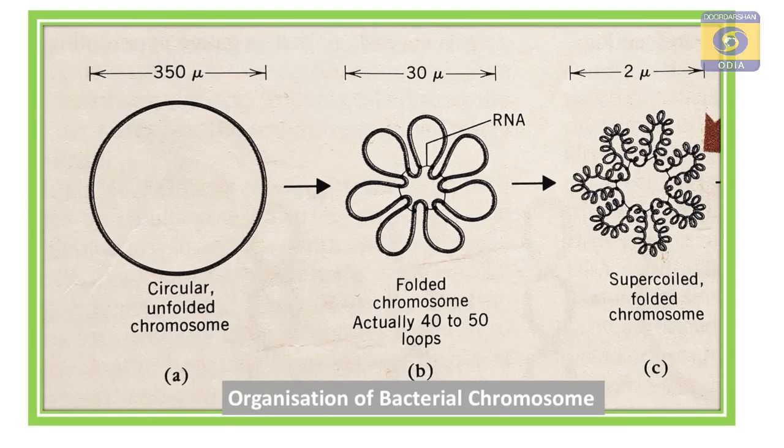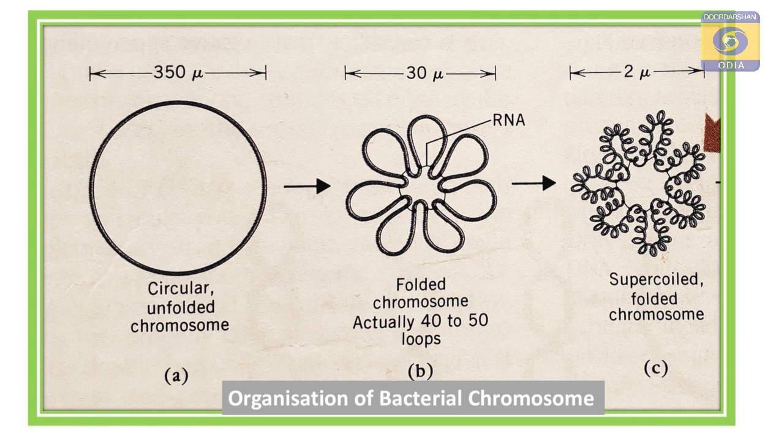Now, in this slide, what I have shown is a circular DNA. In its circumference it measures about 350 micrometer, but when it is folded into around 40 to 50 loops, it gives rise to a 30 micrometer circumference, and subsequently when each loop is further supercoiled, its diameter comes to around 2 micrometer.